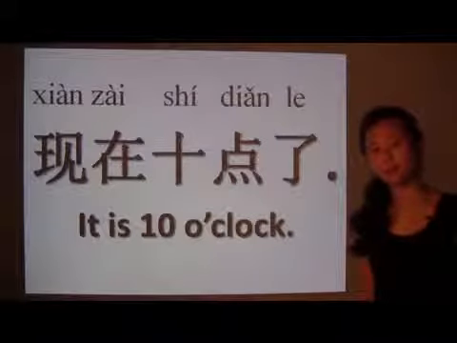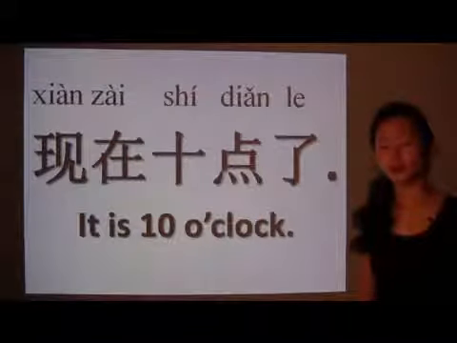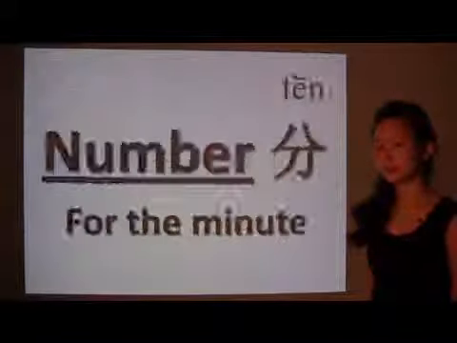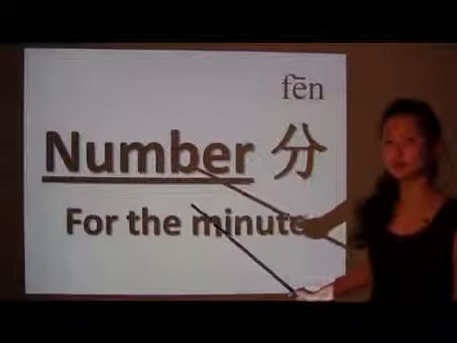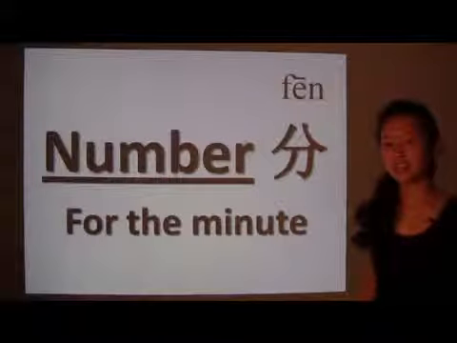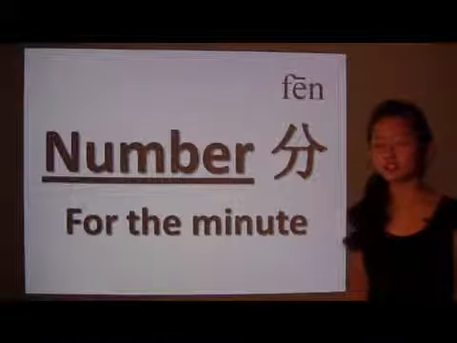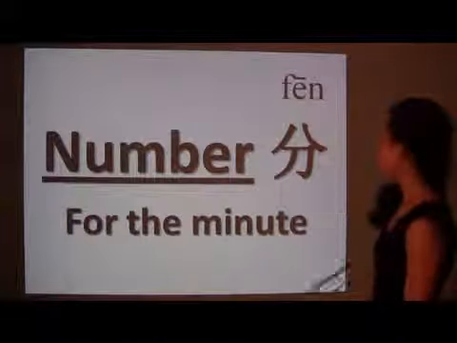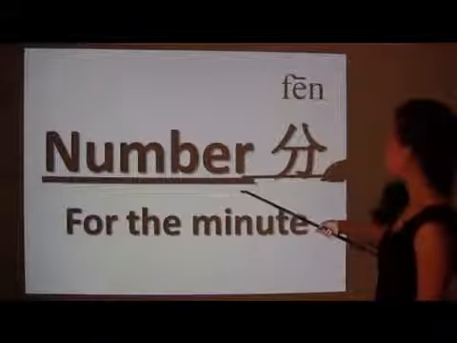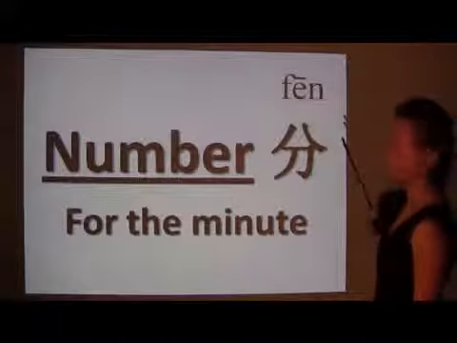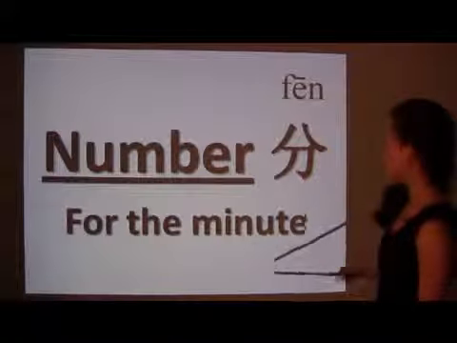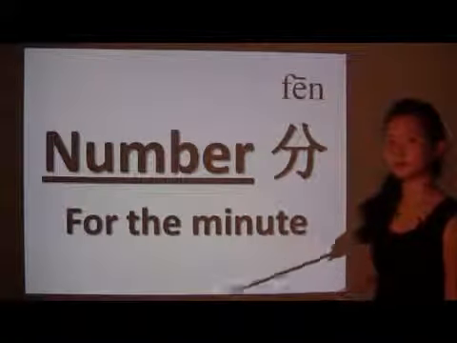Well, what happens if it's not on the dot hour? What if you have minutes in there? That's where a number 1 through 59, because you wouldn't say 1 hour and 60 minutes, you just say 2 hours. So number 1 through 59, and then the word 分, 分, and that refers to the minutes.